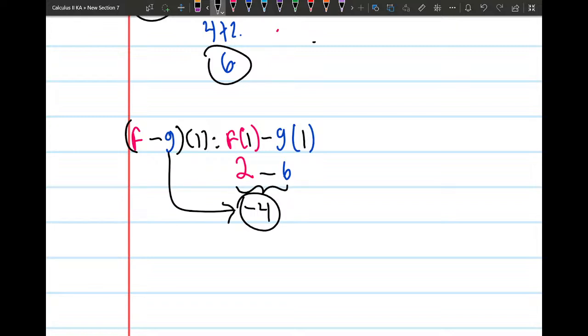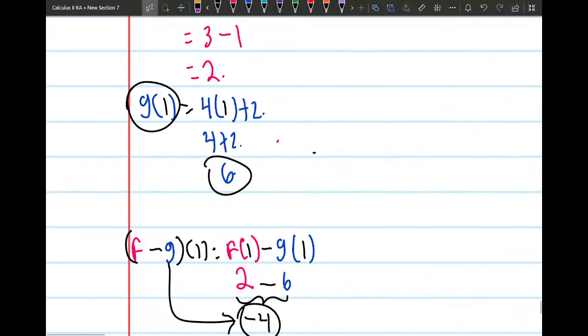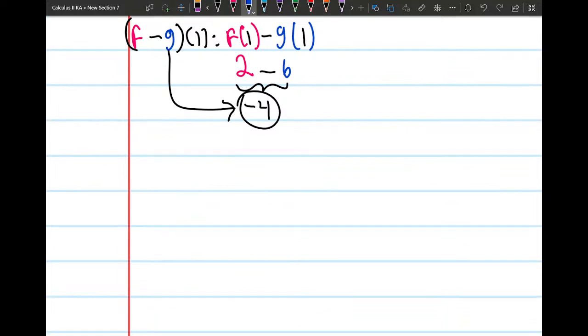And now let's do f over g. I'm sorry, f times g of 1. Actually, I'm sorry, g minus f of 1. So now let's do g minus f of 1. That's equal to g of 1 minus f of 1.